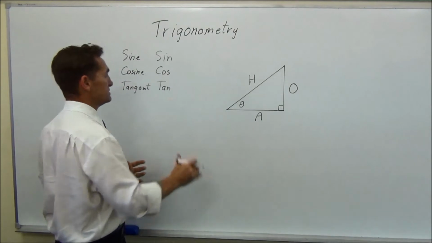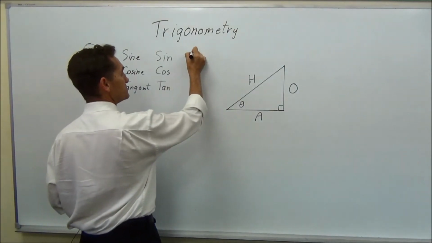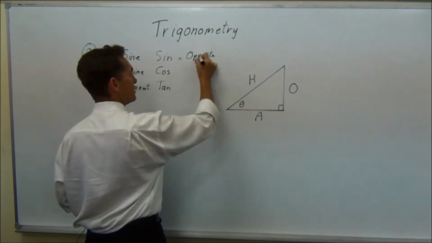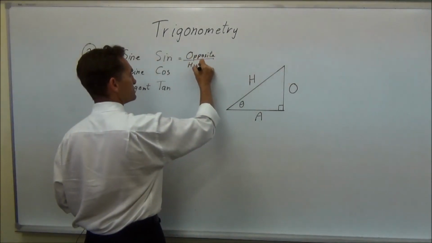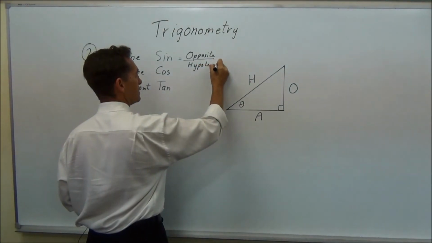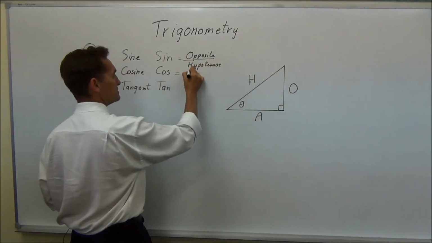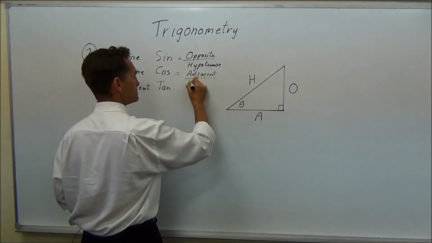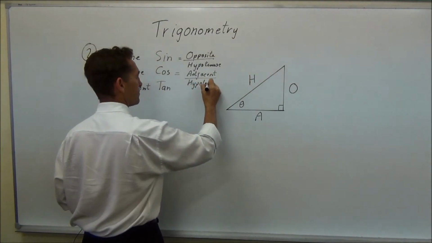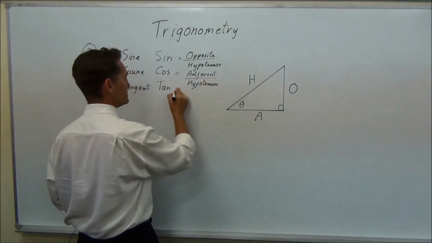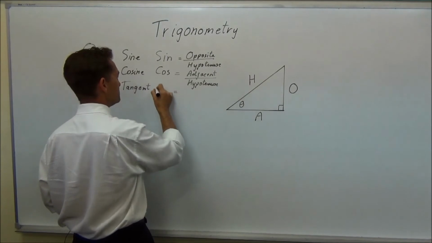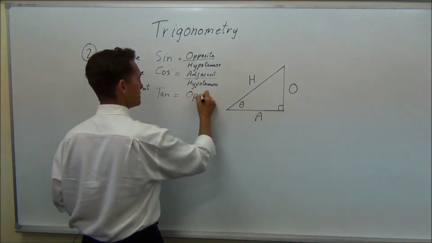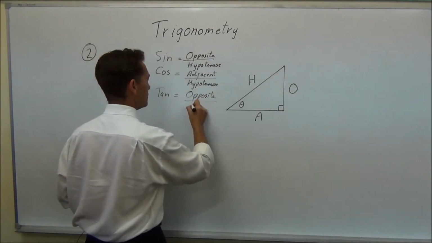And the triangle is very simply, sine is opposite over hypotenuse, cos is adjacent over hypotenuse. And tan, and I might move it down just a bit, tan equals opposite over adjacent.